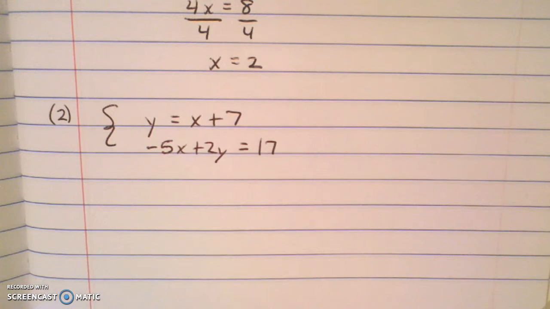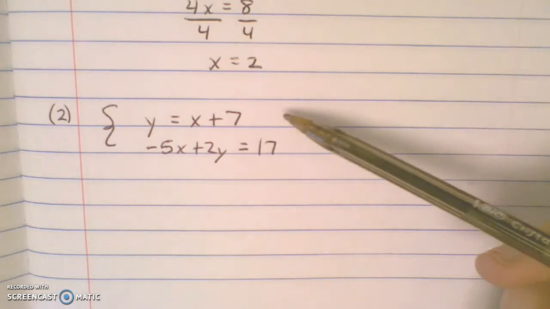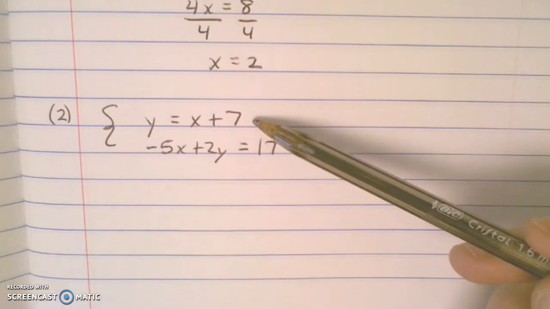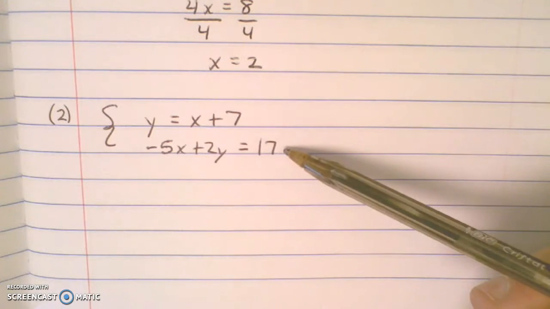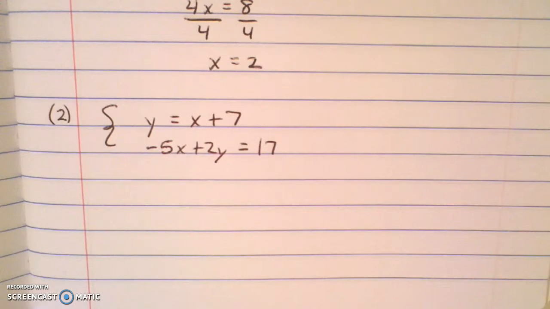So again, when I look at the system of equations, I know I'm not going to be graphing because both lines aren't set up where I could graph them easily. The first equation is set up as slope-intercept form, but this one is in standard form, so I can't from this form right away go into graphing.